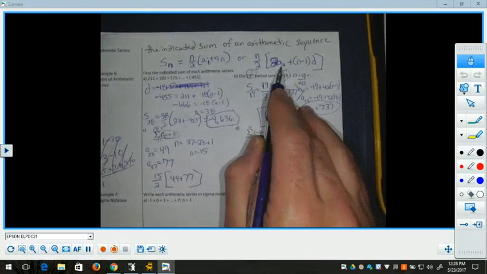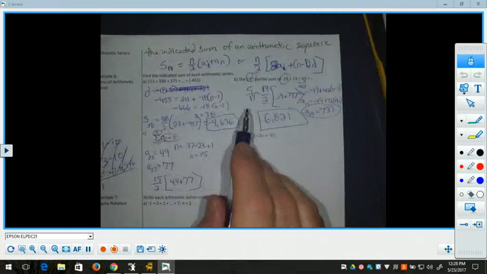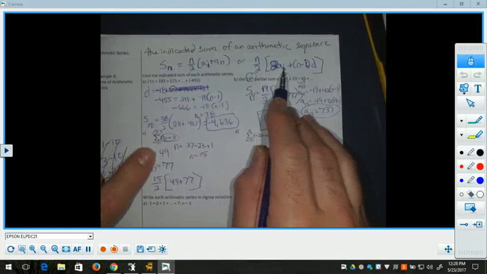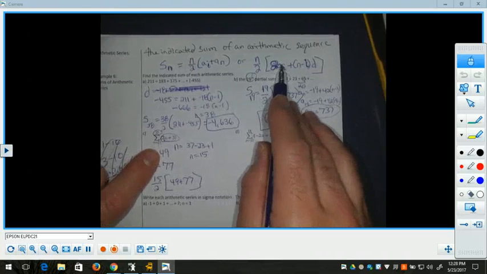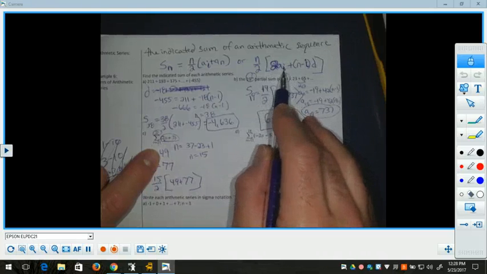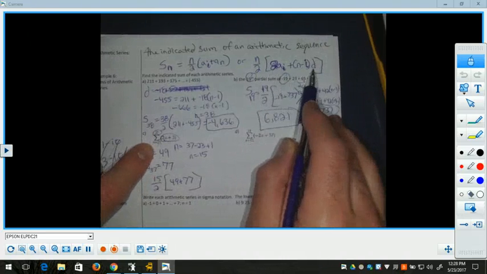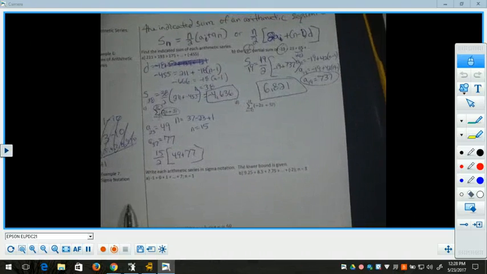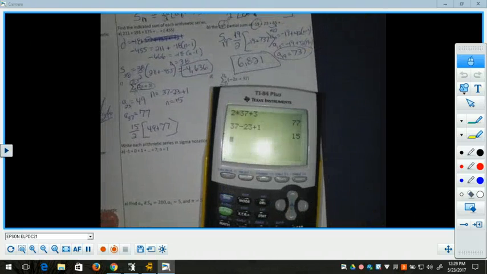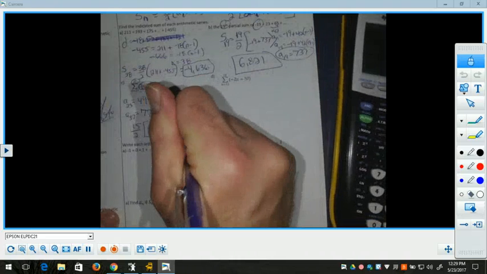And the same thing here: 2 times A sub 1, that could be A sub I, and n minus, instead of 1, I. So for this particular problem, the I would be 23. This would be 2 times the output at position 23, and this would be 37 minus 23 if I were using this formula. I'm using this partial sum formula for now. So 15 over 2 times 49 plus 77 is 945.